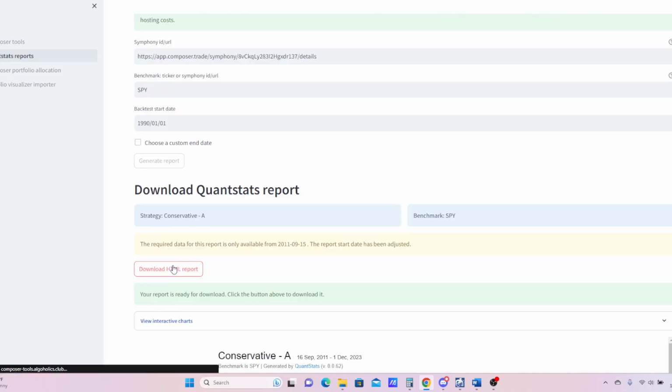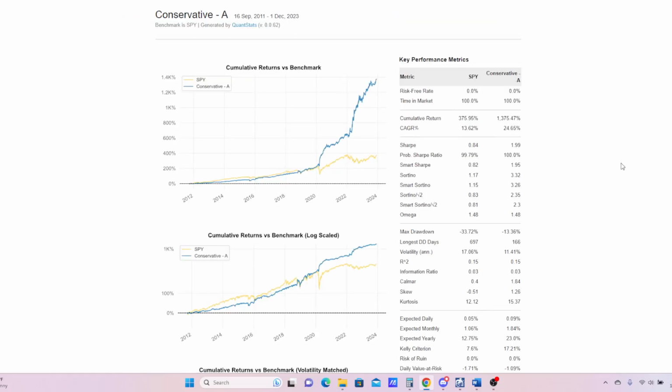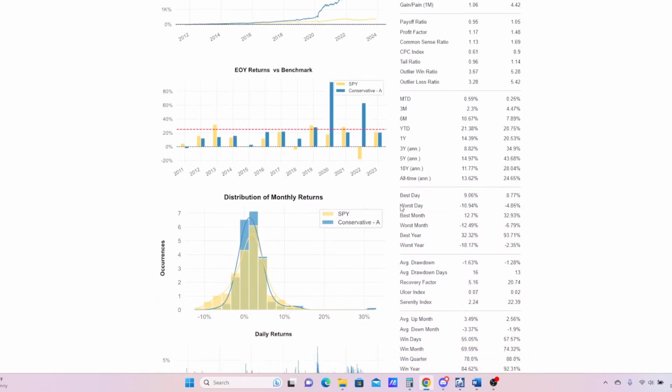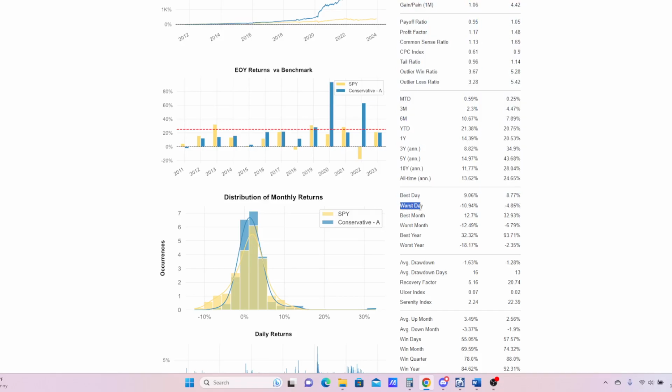I'll download the HTML because it's just easier to view that way. I'll bring up the report, and then I go straight to the worst one-day performance for the Symphony. This one is negative 4.85%.